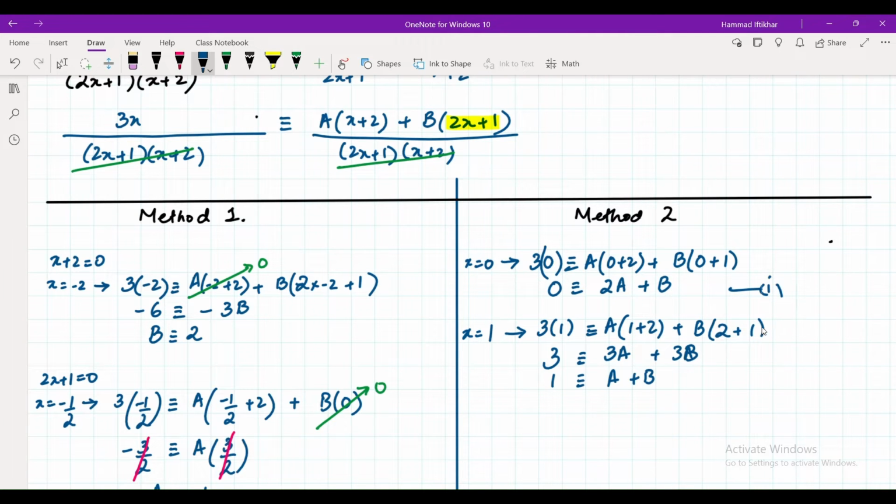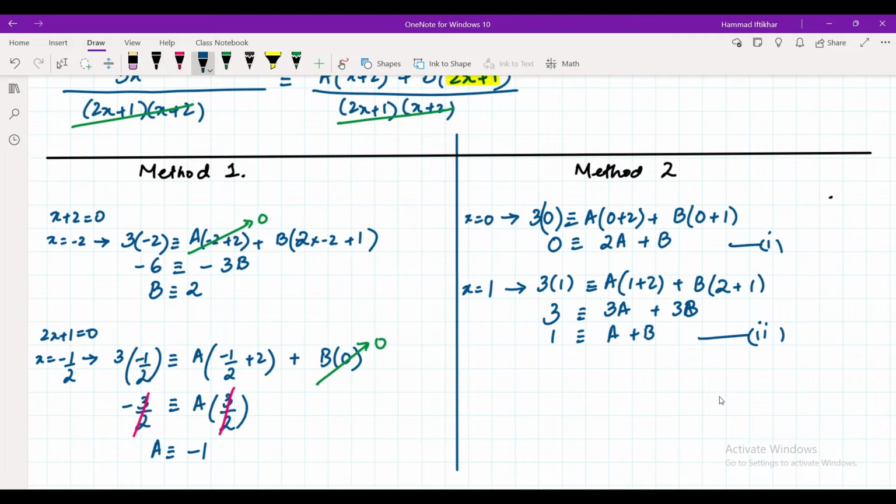So this is equation number 1, this is equation number 2. Now, since we have equations in both of these, we can solve them simultaneously. 0 equals 2a plus b, a plus b equals 1. Subtract them, minus, minus, minus, cancels out. So a is equal to minus 1.